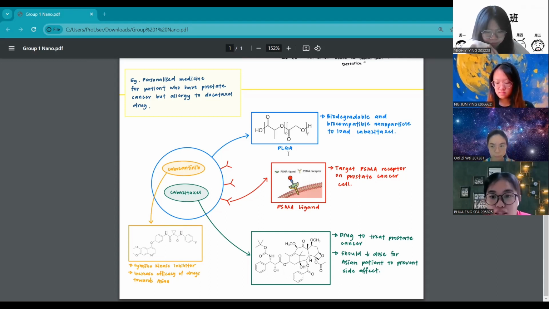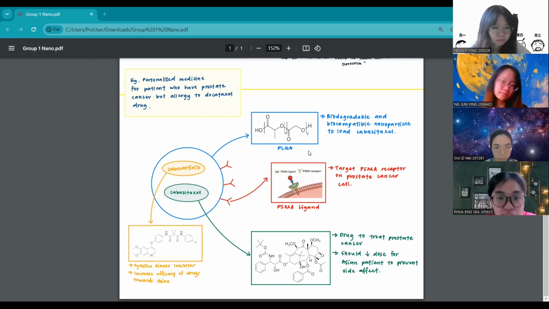It is a biodegradable and biocompatible nanomaterial to load the cabazitaxel. And lastly, we use a ligand, which is PSMA ligand, to target specifically the PSMA receptor on the prostate cancer. So this is all from our group. Do you guys have any questions?